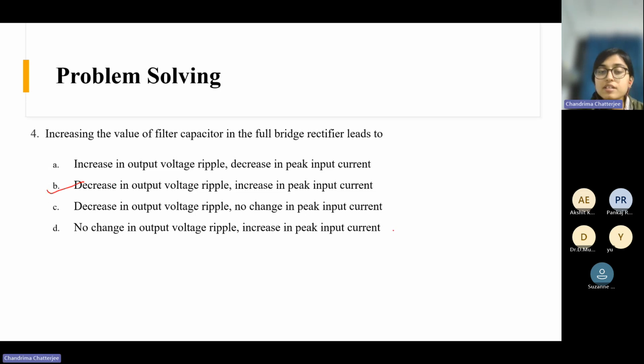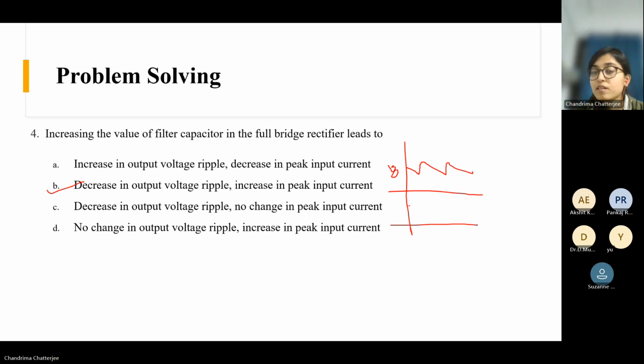Suppose this is the output voltage V0 for C1, and this is the output voltage V0 for C2, then C2 is greater than C1.